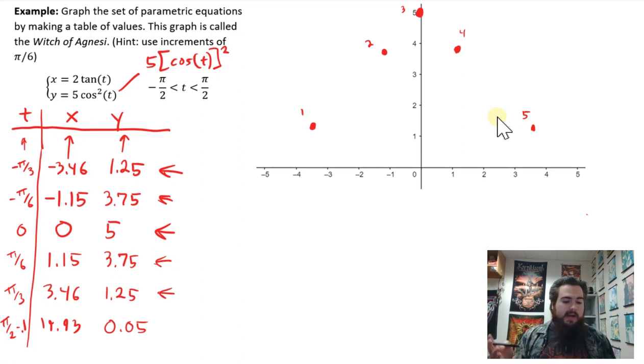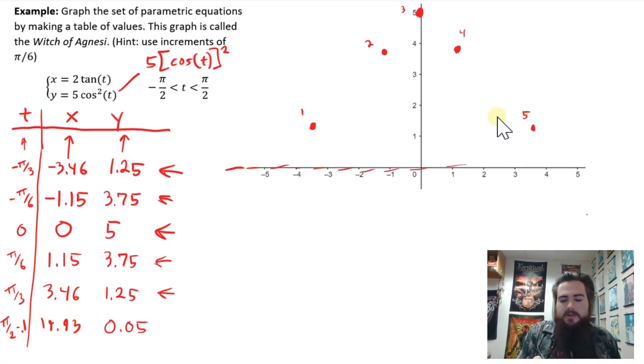Now, from the trend that I was noticing, it seemed that as I got closer to negative pi over 2 or pi over 2, x was approaching an infinite value. It was either approaching negative infinity or approaching positive infinity, whereas y in both cases was getting closer to 0. That means I can think of y equals 0, or the x-axis, like an asymptote.